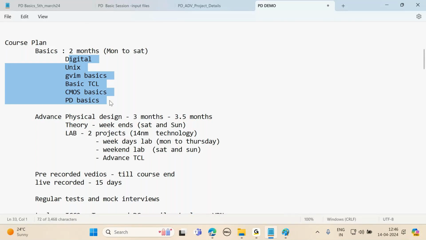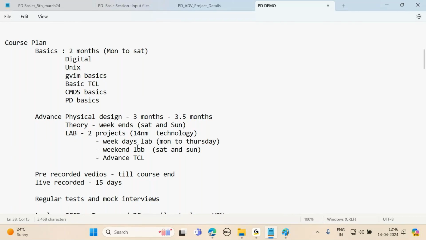But for the advanced part, theory is on weekends only, and you have labs even on weekends. You can do hands-on and theory both only on weekends. So you will have 6 hours of class because theory is 3 hours and lab is 3 hours: morning theory and afternoon lab, only on weekends.